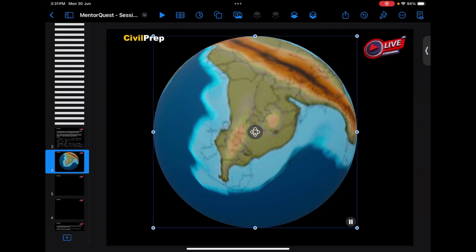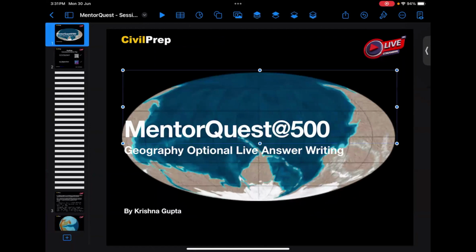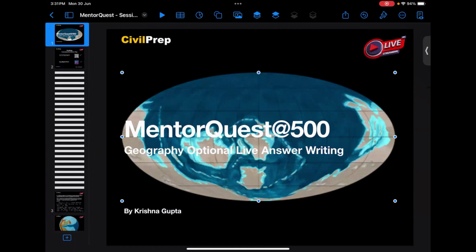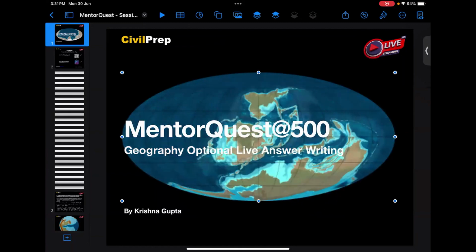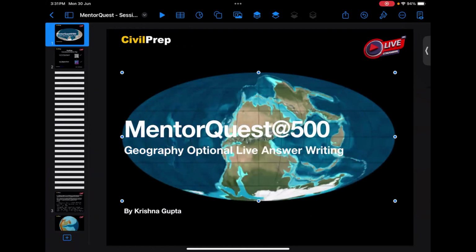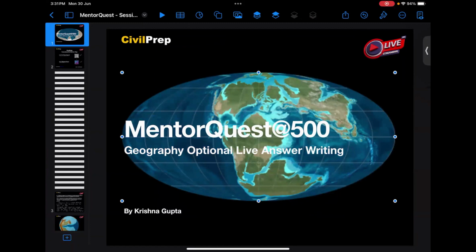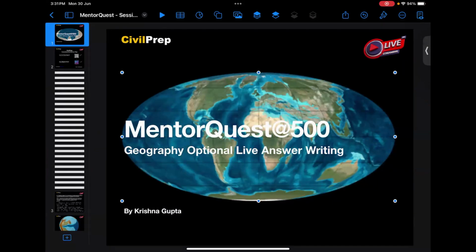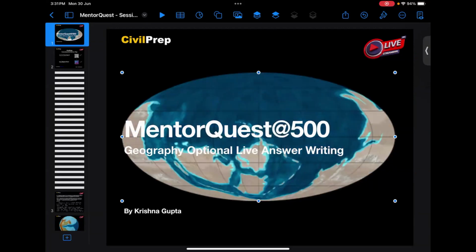Okay, I think something is not working here. So we can say the same thing in this model. We can see how the continents are drifting apart, resulting in the formation of Pangea first. Then Pangea disintegrated, resulting in the formation of the current settings of continents and oceans.